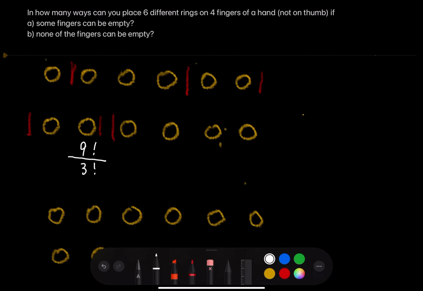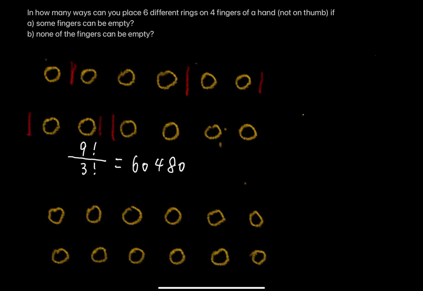I don't need to remove the order between the rings because the rings are actually different, so the different arrangements are counted as different ways. So the answer should equal 60480. It's very big. Yes, quite big. Right, so this is for question A.